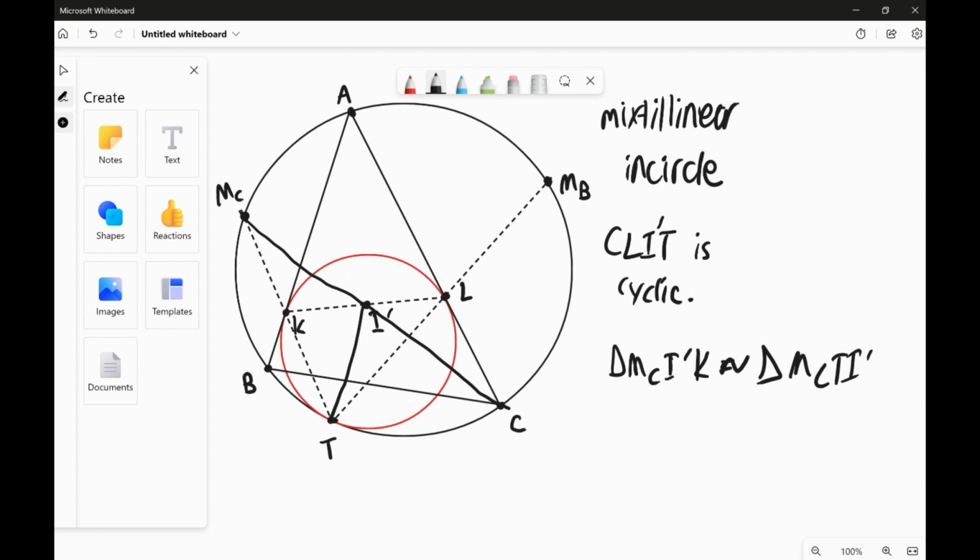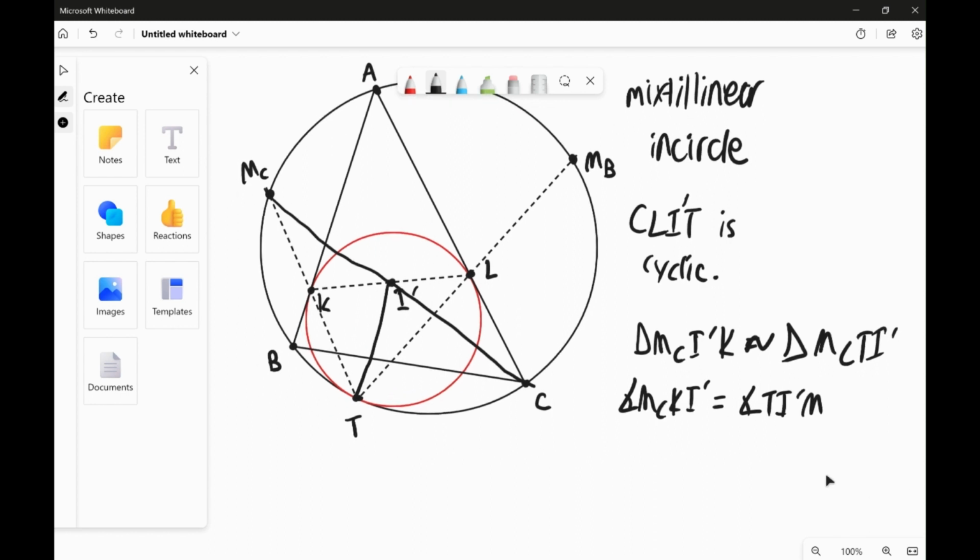So we're going to go ahead and show that directed angle MCKI prime is equal to directed angle TI prime M. So given this, we can actually rewrite this. So we're going to start from here. So MCKI prime is equal to directed angle TKL, because we just move on to different lines.